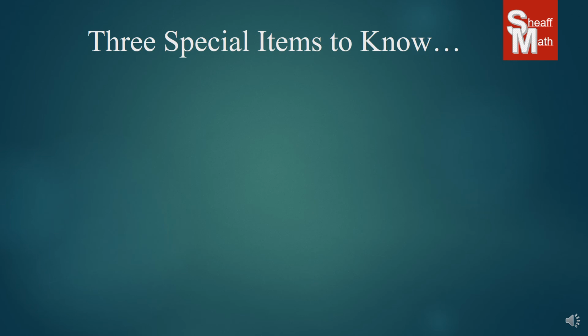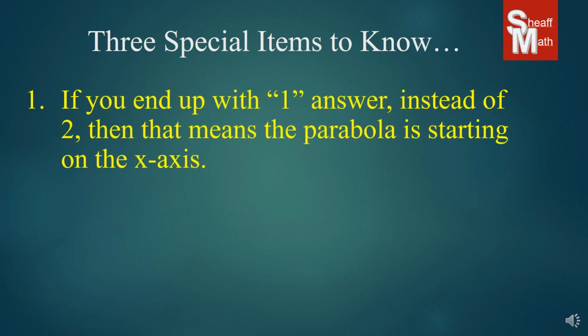Now, there's 3 special items I want you to know when you're dealing with the quadratic formula. The first thing, if you end up with one answer instead of 2 answers, and it could happen, then that means the parabola is actually starting on the x-axis. Let me show you.